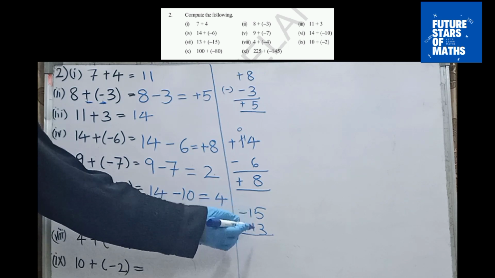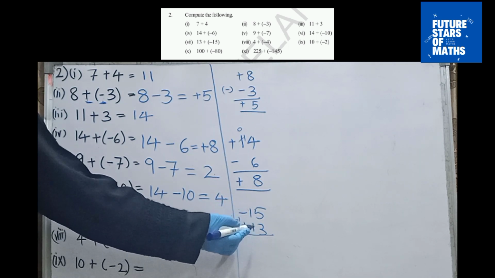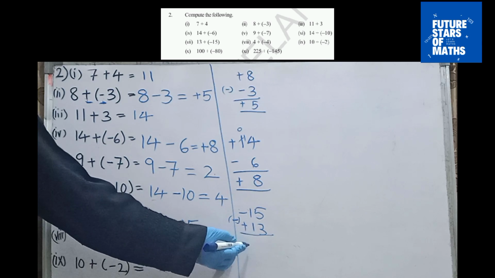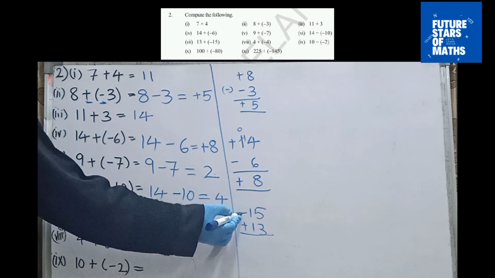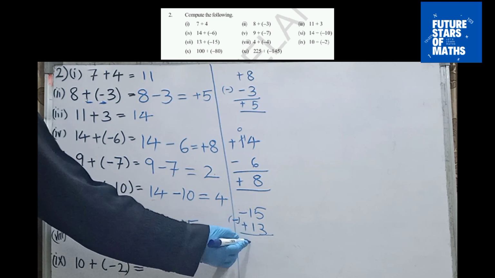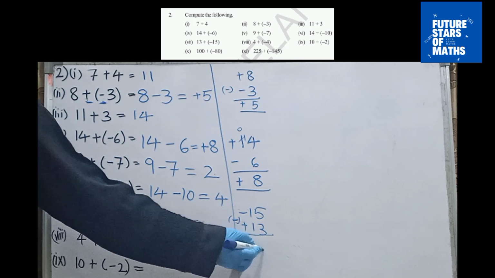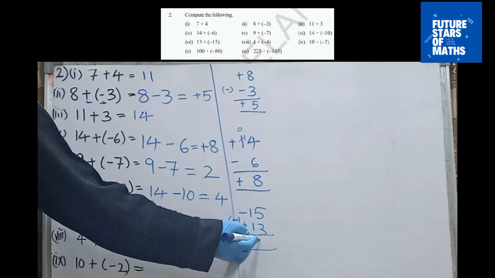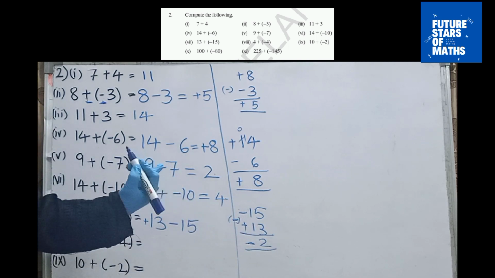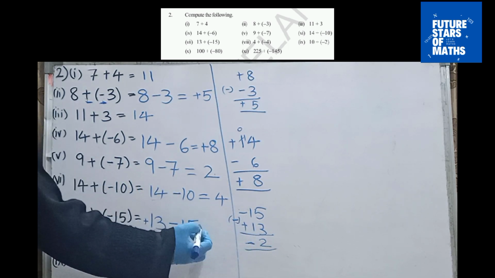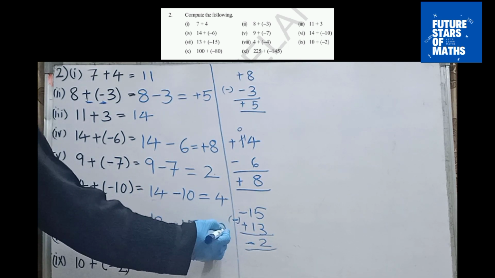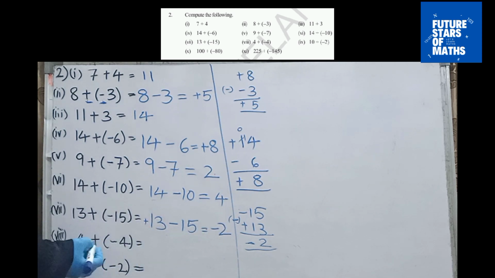That is, we have to subtract these two numbers. Before subtracting, we will place the sign of the big number here. So the big number is 15, so we will get a minus sign in the answer. Now 15 minus 13 is 2. After 13, 14, 15. So 2. So here the answer is minus 2.